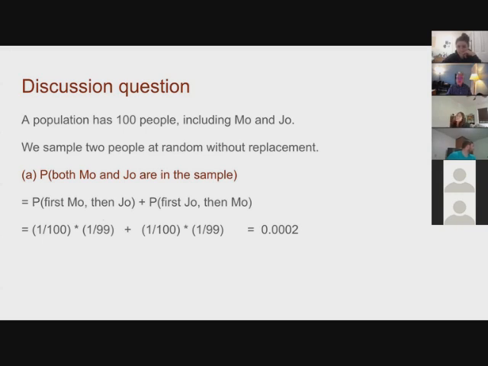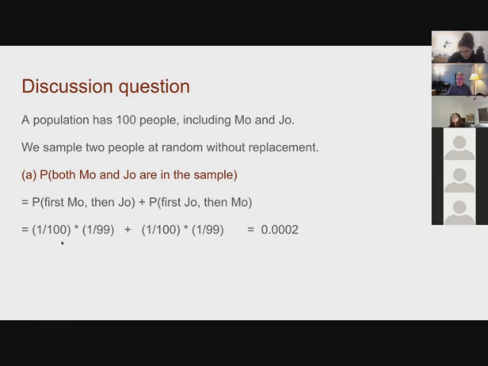Well, Joe is still in the population because we picked Mo first. The probability we're calculating is that we pick Joe, given that we first picked Mo. Now instead of 100 people in the room, there's 99, and so the probability of picking Joe is 1/99. So that is the probability that first we pick Mo, then we pick Joe.